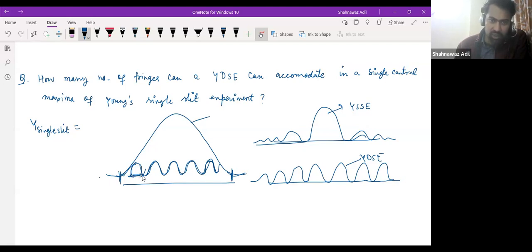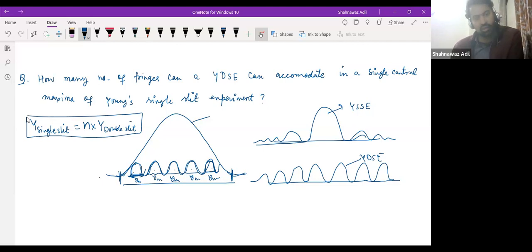This is the width of the double slit experiment, right? So let's say this is ym, this is ym, all these are equal, so this would be 1, 2, 3, 4, 5. Let's say n number of double slit fringes. Is this thing clear, guys?